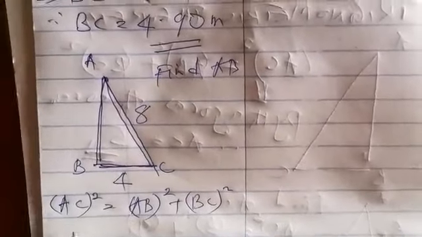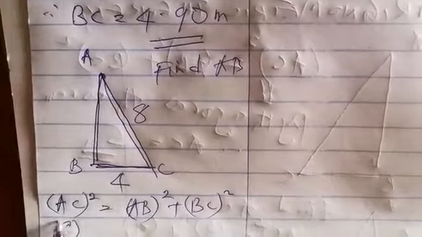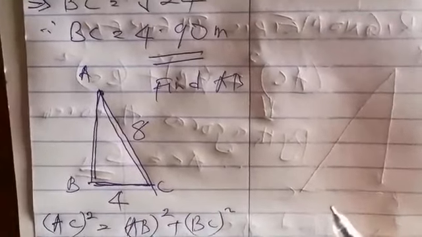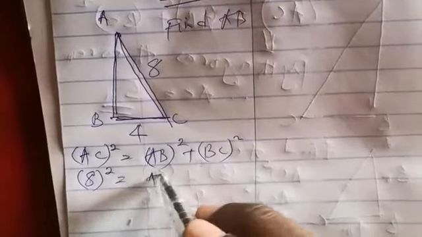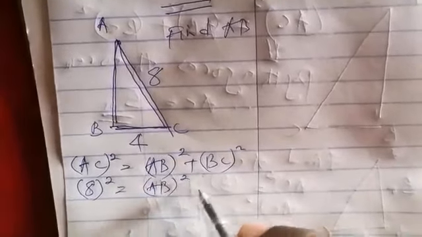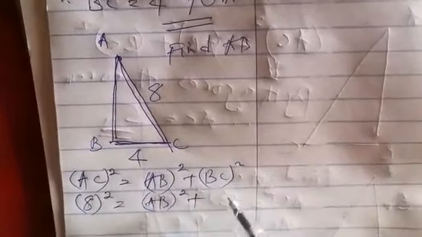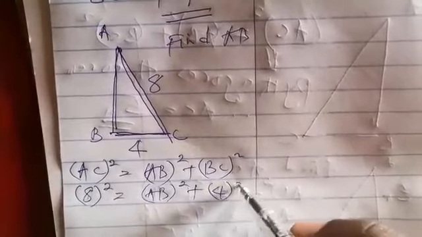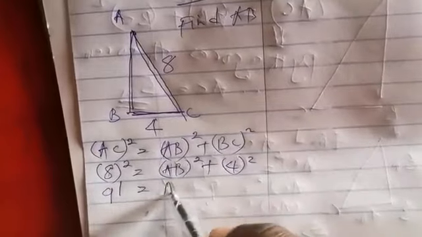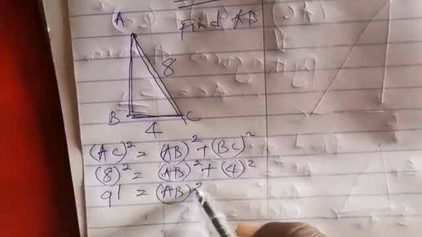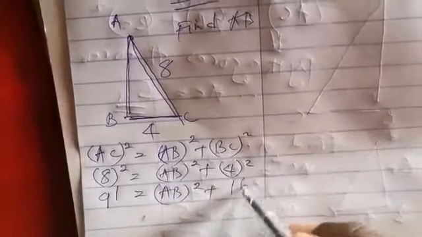So we have 8 squared equal to AB squared, which is unknown, plus BC squared, which is 4 squared. So 8 squared is 64 equal to AB squared unknown plus 4 squared, which is 16.